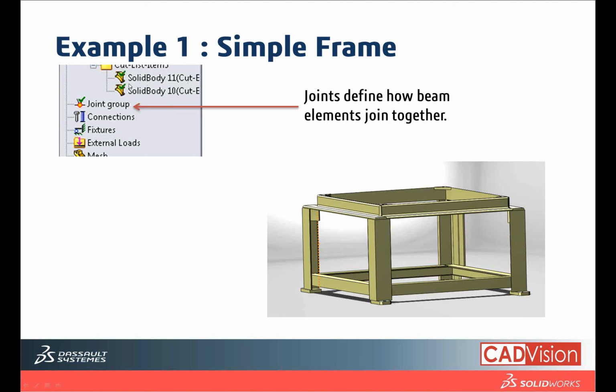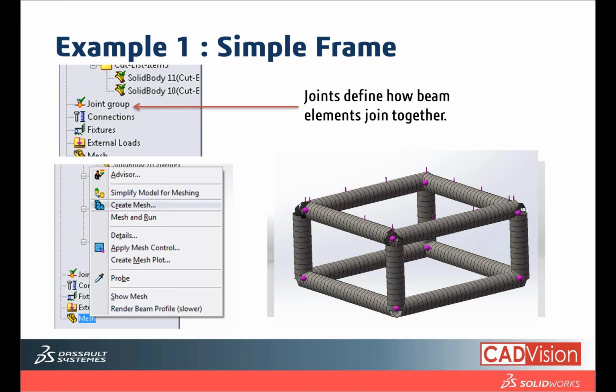All the joints are defined as additional properties here as joint groups. You can right click and edit them. Later maybe I can show it in SolidWorks.